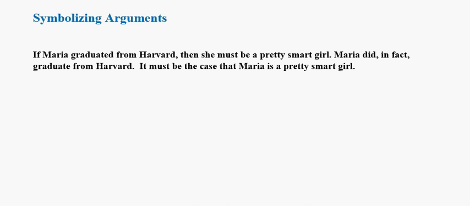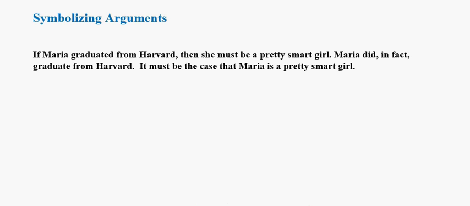Okay, so we need to figure out a way to symbolize the premises. The first premise is if Maria graduated from Harvard, then she must be a pretty smart girl. Okay, notice that that first premise is a conditional statement, right? It's an if-then statement. Remember that conditional statements have parts, they have an antecedent, and they have a consequent.